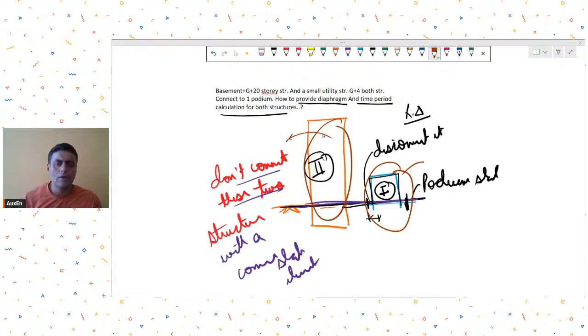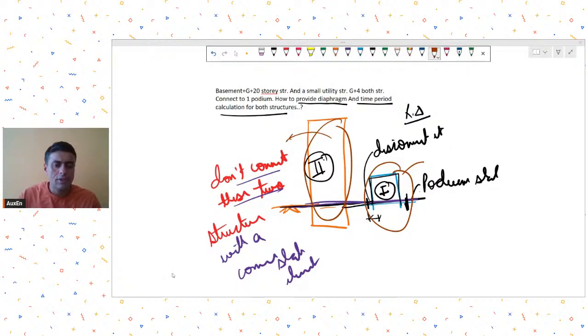In fact, because you have now disjointed it, no need to model them also in one model. You can have them made into separate ETABS models also. Okay, or maybe for raft purposes, because your raft will be common, maybe you do a complete model but have a seismic gap. So you will have to prepare then multiple models.